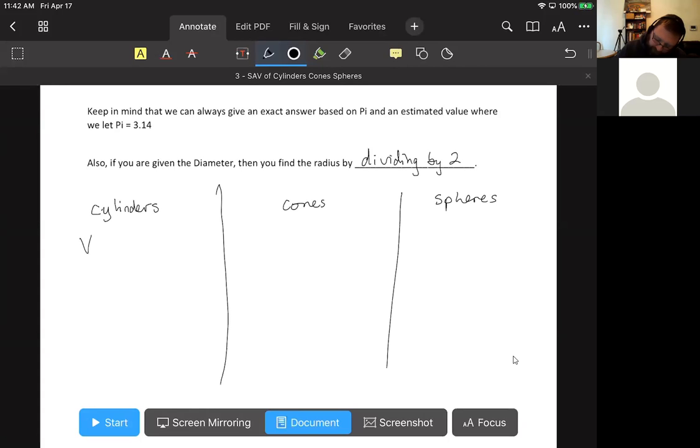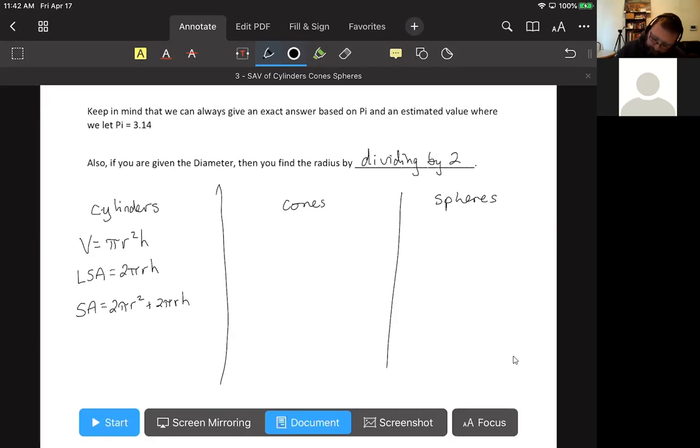The volume of any cylinder is equal to pi r squared h. The lateral surface area of any cylinder is equal to 2 pi r h, and the surface area of any cylinder is equal to 2 pi r squared plus 2 pi r h.